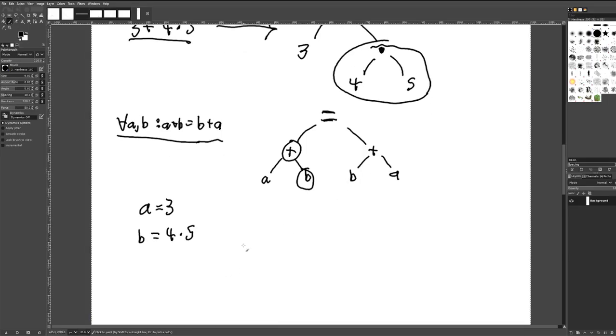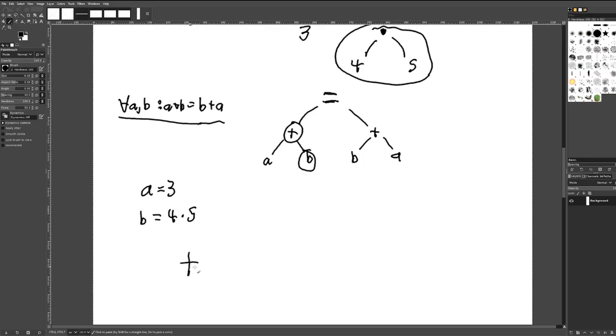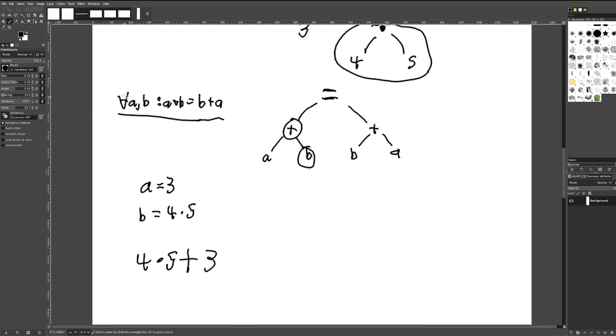It'll create a plus node, first of all. It'll say we've got something plus something, and then it'll look at the left-hand side, and that's got b, which we know is 4 times 5, plus a on the right-hand side, which we know is 3. So this will be what happens when you rewrite 3 plus 4 times 5 using this rewrite rule. You've now got 4 times 5 plus 3.